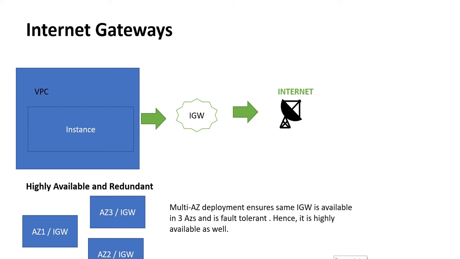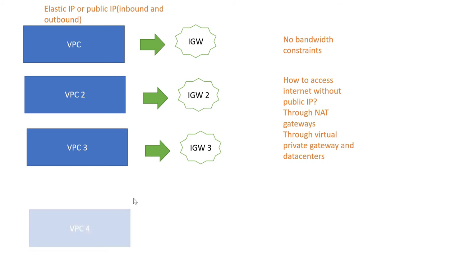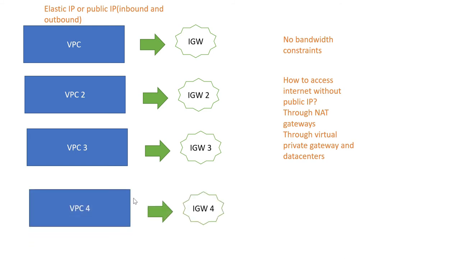So a standard process is you create multiple gateways in different AZs, because that is a fault tolerant approach and it is highly available. If you have multiple VPCs, they will all be routing through different internet gateways, and these internet gateways might be on different AZs.